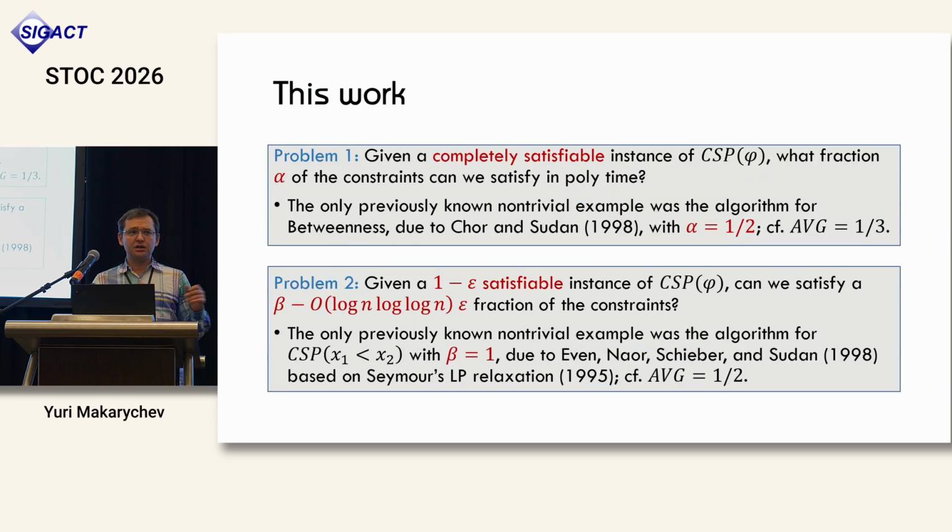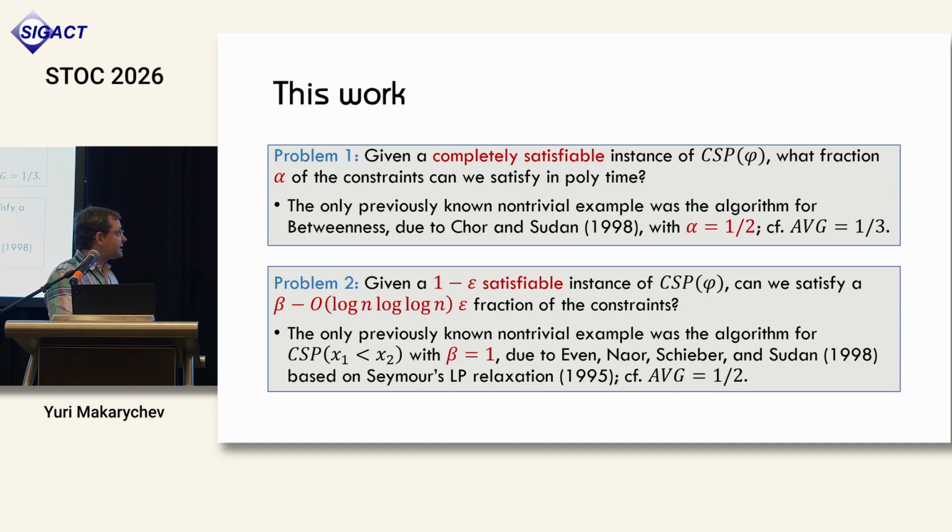Now in this work, we are interested in two problems. For the first problem, let's assume that CSP phi is not polynomially tractable, so we can't solve such instances exactly in polynomial time. Then the question is, what fraction alpha of the constraints can we satisfy in polynomial time, and particularly whether alpha is better than the trivial bound.